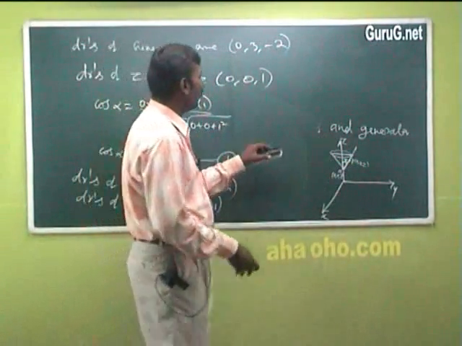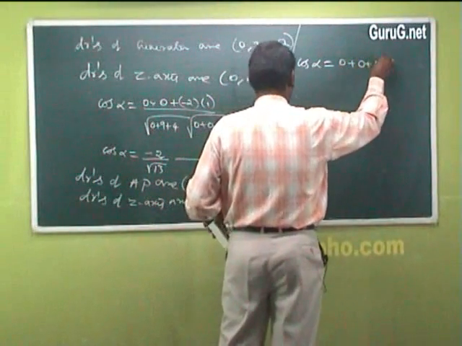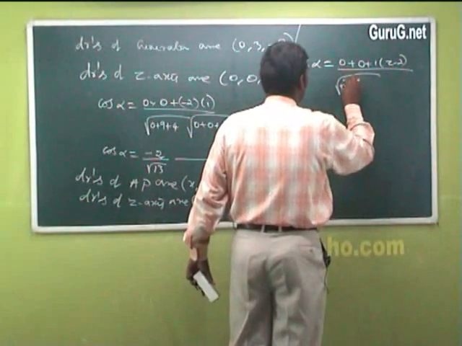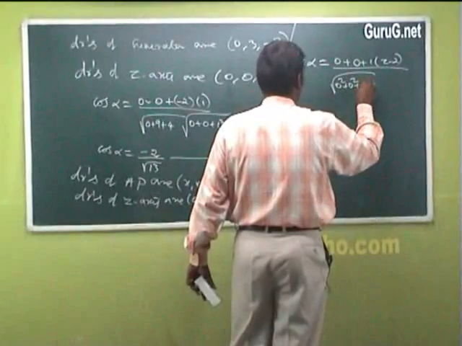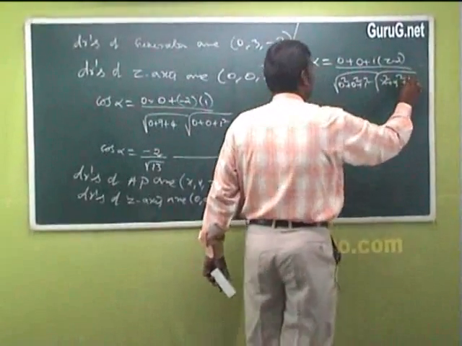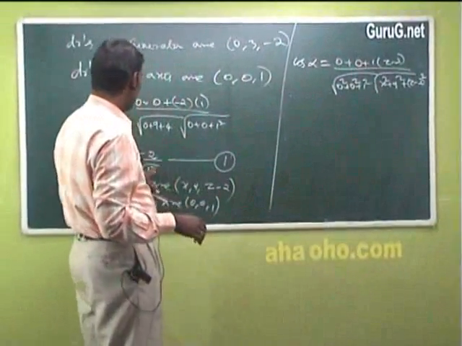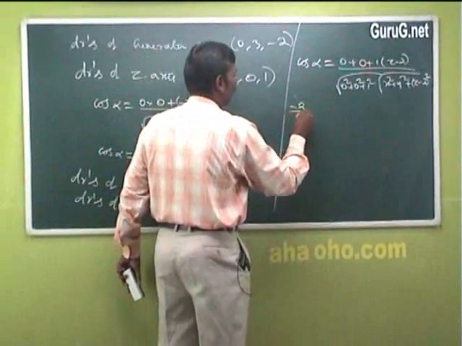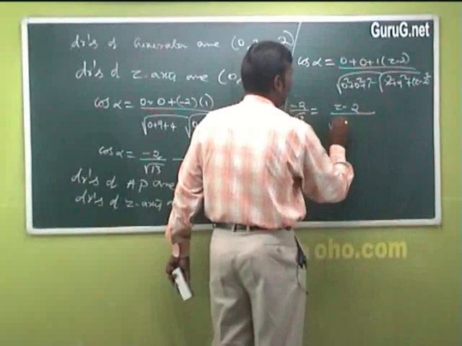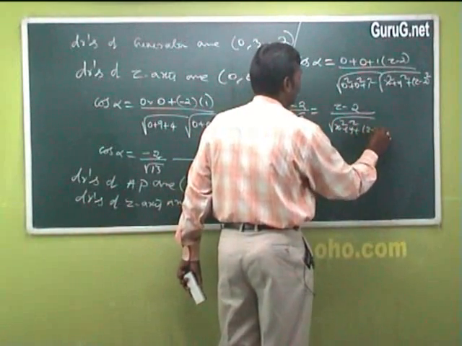So cos alpha equal 1 into z minus 2 by root of 0 square plus 0 square plus 1 square into root of x square plus y square plus z minus 2 the whole square. So cos alpha value from 1, minus 2 by root 13 equal to z minus 2 by root of x square plus y square plus z minus 2 the whole square.